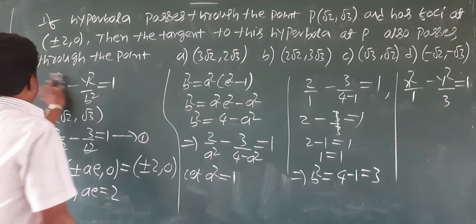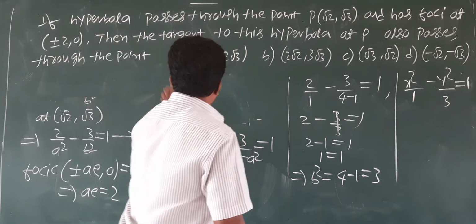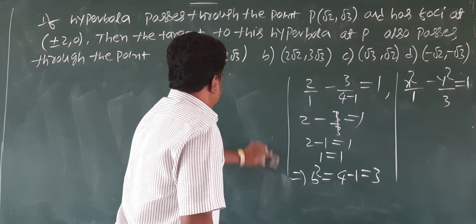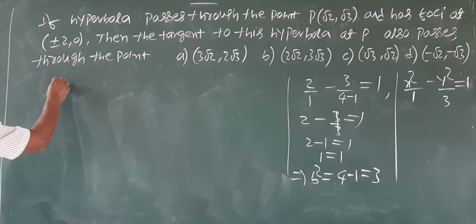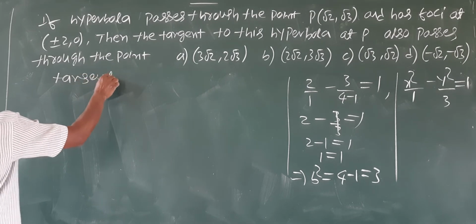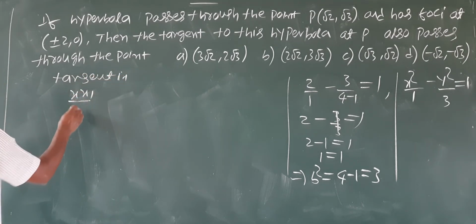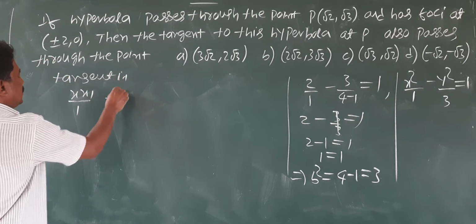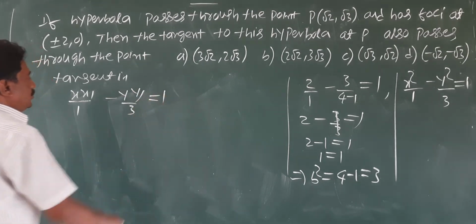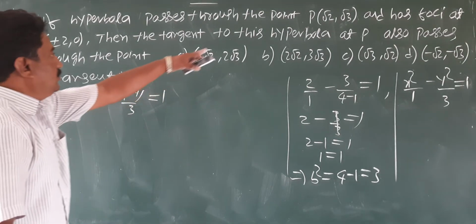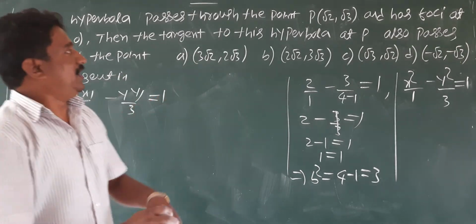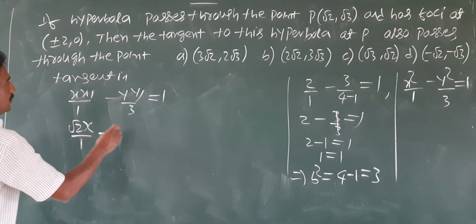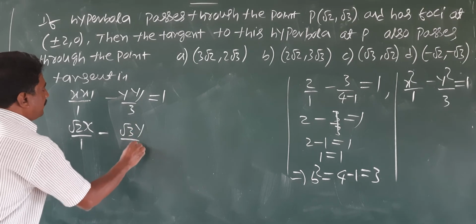So the tangent is x x1 by 1 minus y y1 by 3 is equal to 1. So x1, y1 is root 2, root 3, the tangent required at the point P. Substitute x1, y1. So root 2 x by 1 minus root 3 y by 3 is equal to 1.